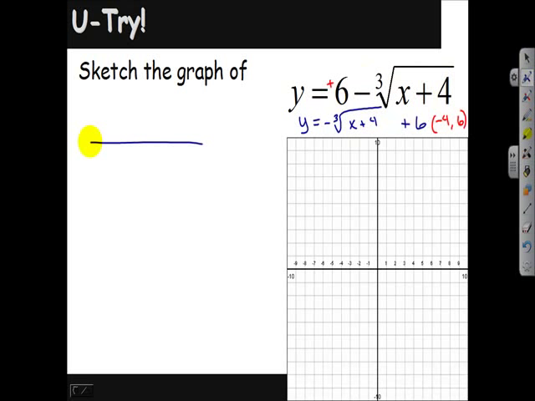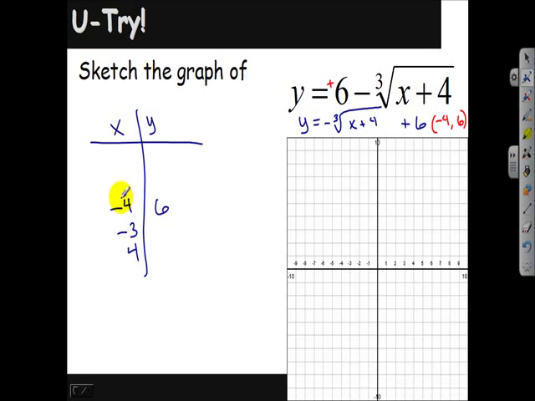Let's go ahead and do our table of values so we get an idea of what's going on here. We've got a key point at -4, 6, and we need to find some values that are easy to get cube roots out of. Let's see, if I have -3, that'd give me a good value. It looks like 4 would give me a good value.